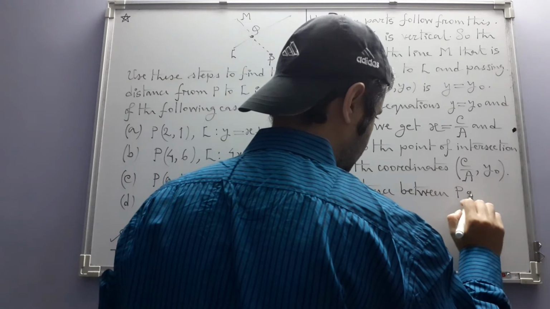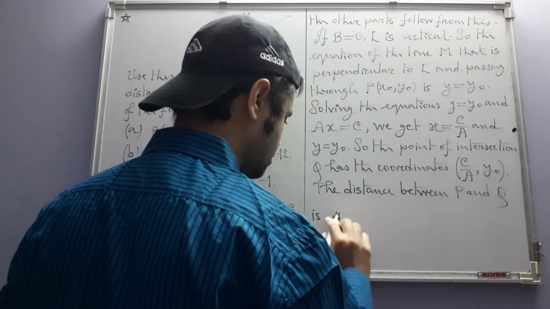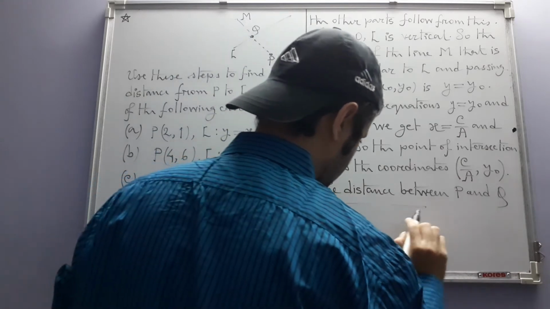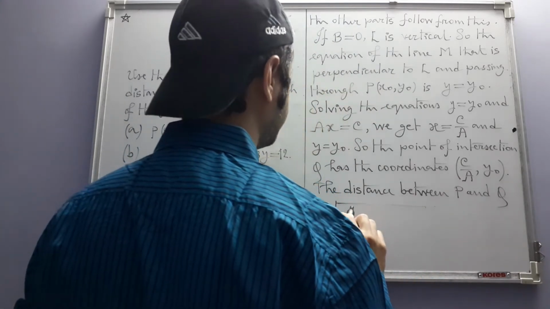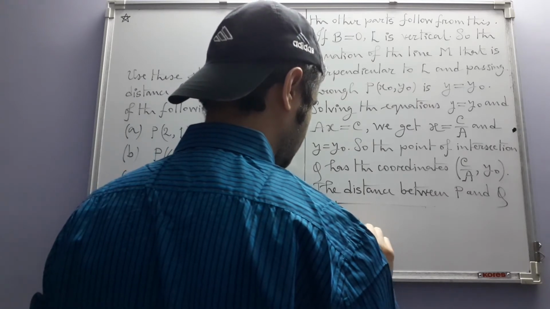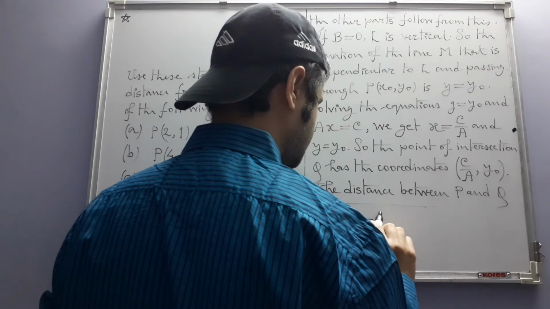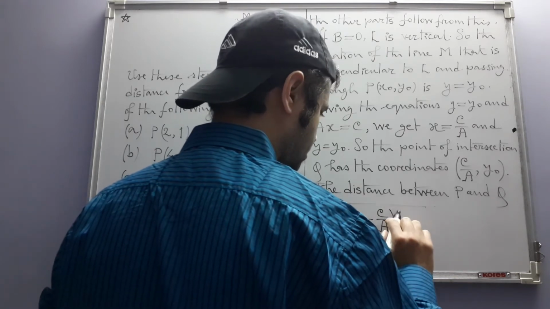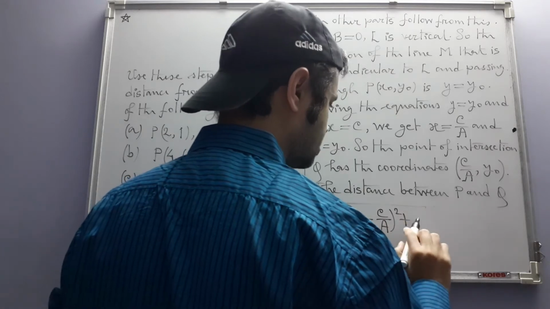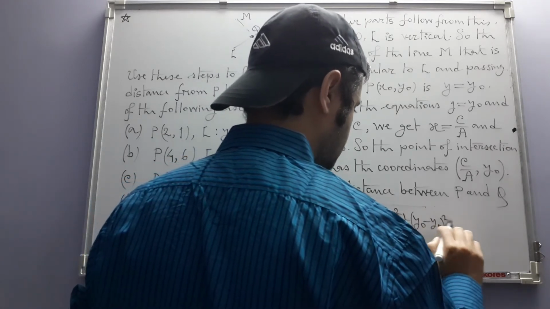Between P and Q is this: square root of x naught minus c by a square plus y naught minus y naught square.